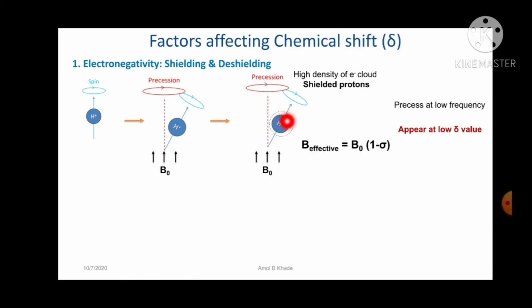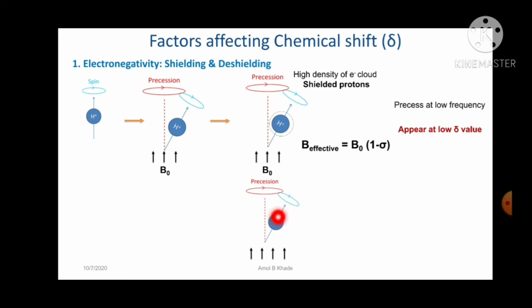The precessional frequency of nuclei surrounded by a very dense electron cloud will be lower, and because of that we require a lower radio frequency to bring the precessional frequency of the nuclei into resonance, and hence the shielded protons appear at a lower delta value.